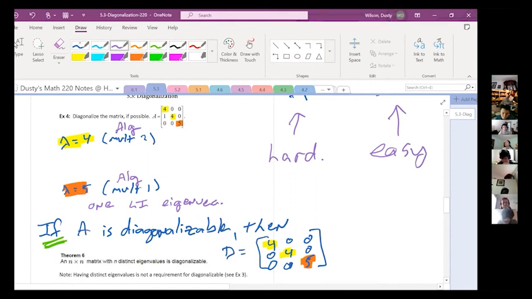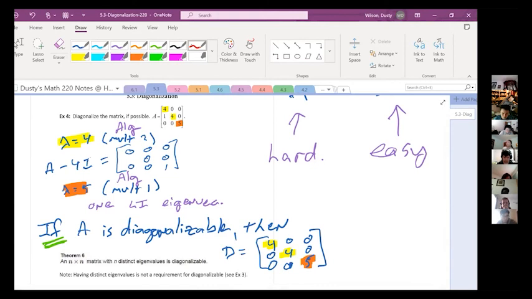So we start the same way we did before. We have A minus 4I. That's going to be a very boring matrix: 0, 0, 0, 0, 0, 0, 0, 0, 1. And I've got one mistake, nice.